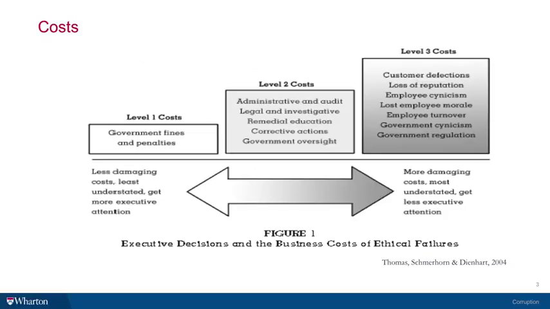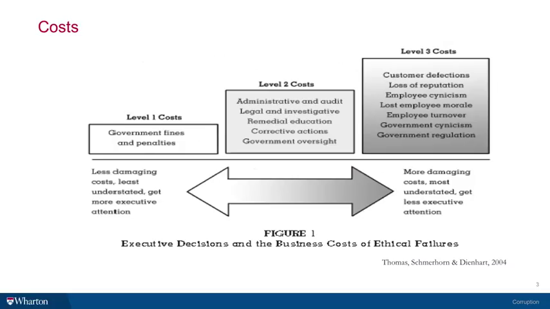Now, level 1 costs are costs that are assessed by a government or disciplining body or some established institution according to some very established set of rules. So, for example, a fine that's imposed on a firm for engaging in corruption, that would be considered a level 1 cost.